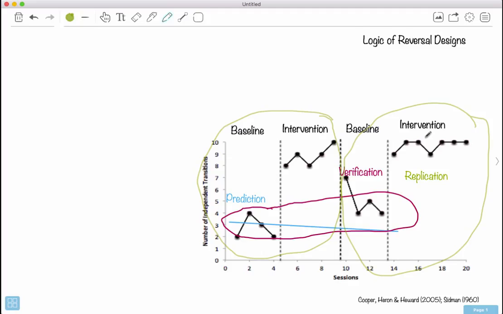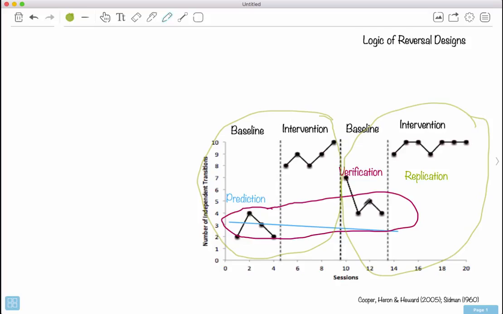And we have a clear demonstration of experimental control. We are certain that it is the intervention that caused the change in behavior because we were able to replicate it, and we were able to verify that without the presence of the intervention, the behavior would return back to baseline levels.